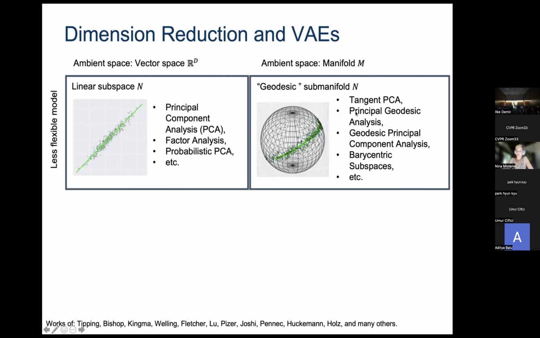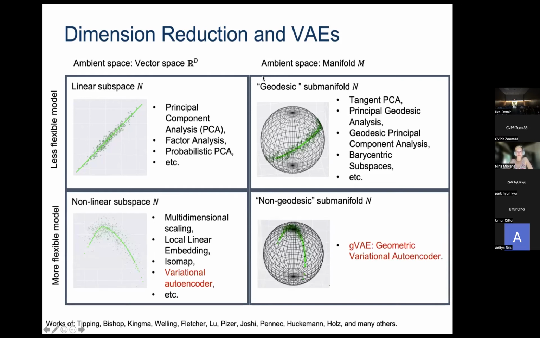In the context of variational autoencoders, in the vector space case, we are not linear. We're using deep learning, and most of the time we are highly nonlinear. Therefore, we need another row in this table to complete the overview of dimension reduction methods from a geometric perspective. Let me talk about the one on the bottom left, which is a class of methods that includes variational autoencoders.